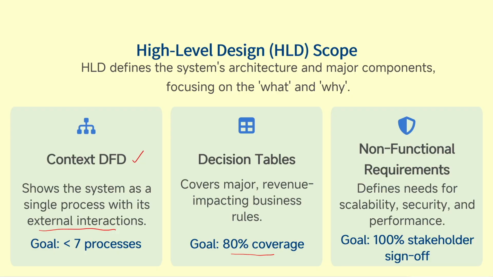In your DFD or in any other diagrammatic tools we mainly concentrate on the functional requirements, and here we add the scope for non-functional requirements like security, scalability, performance and everything. These will not be listed by the stakeholders, but they are very important in making the 100% stakeholder sign off.